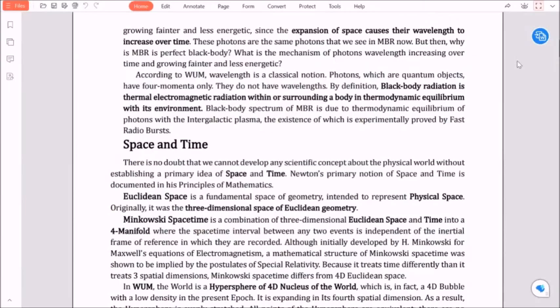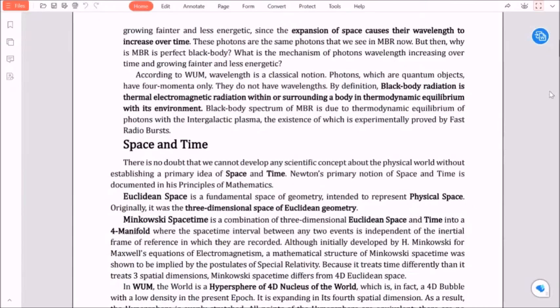But then, why is MBR a perfect black body? What is the mechanism of photons' wavelengths increasing over time and growing fainter and less energetic? According to WUM, wavelength is a classical notion. Photons, which are quantum objects, have four momenta only. They don't have wavelengths.